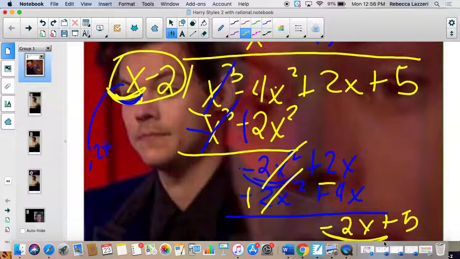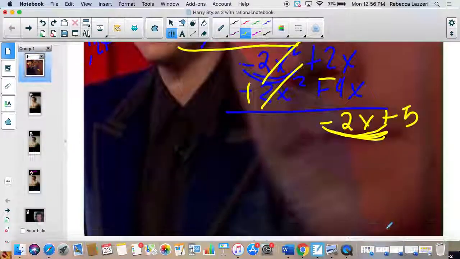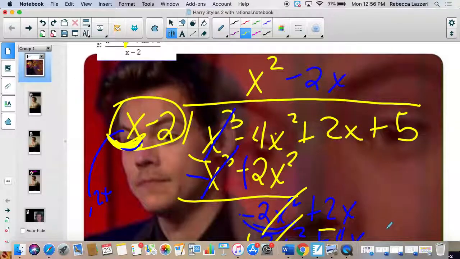I want this x to be -2x. I'm trying to match the front up. I need a -2. So I'm going to write a -2 up here.